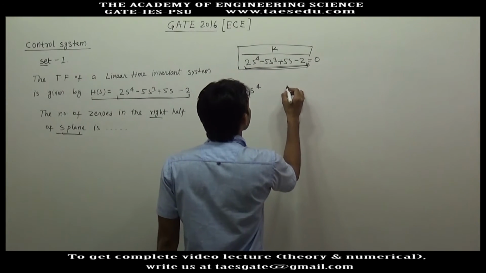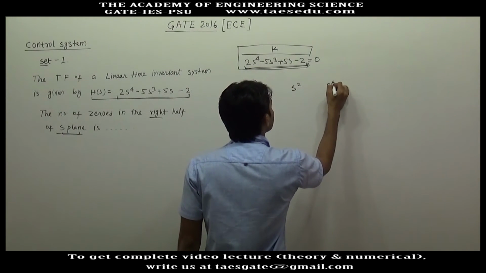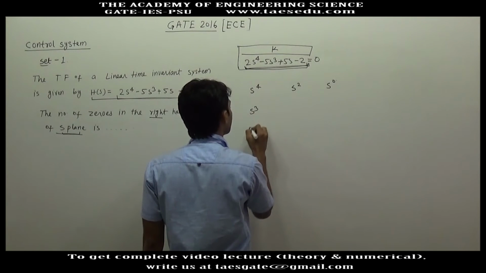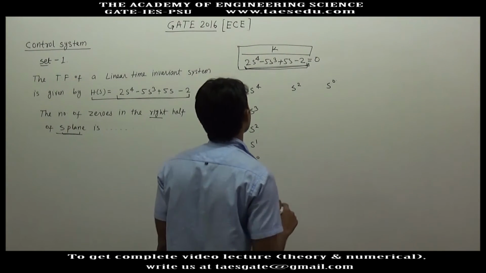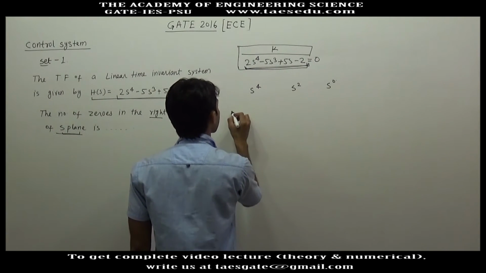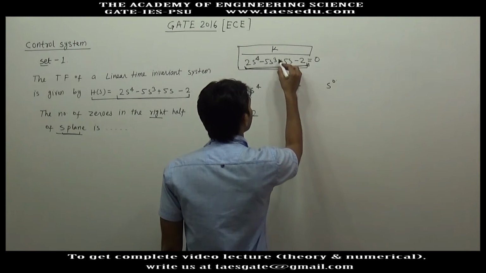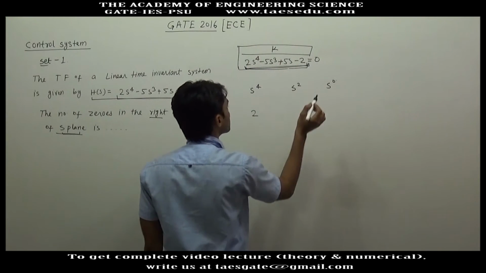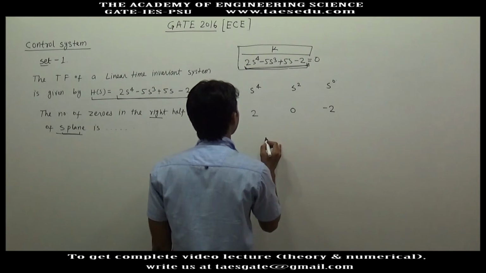We have s^4, s^3, s^2, s^1 and s^0. Here we will have 2 and 5, there is no s^2 term, so we will have 0 here, and here we have minus 2.